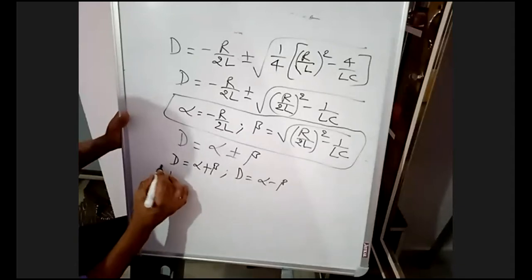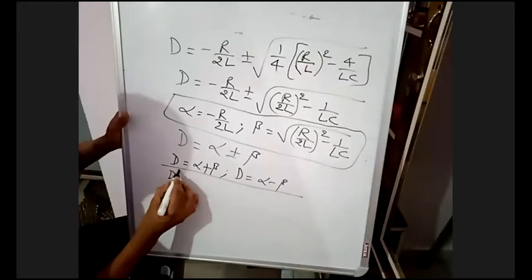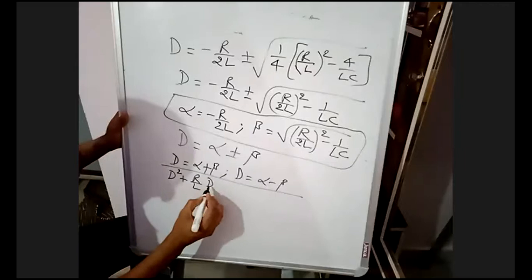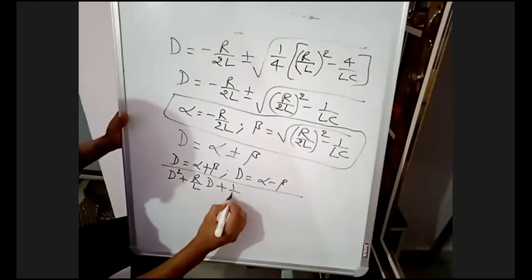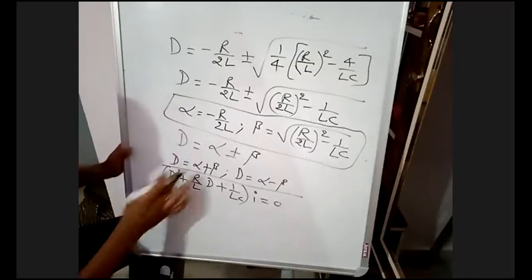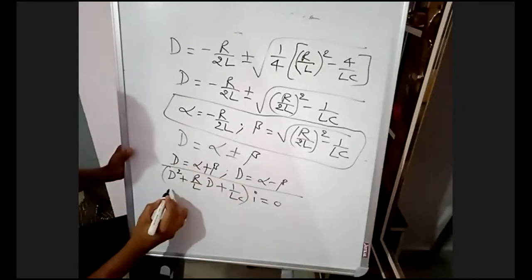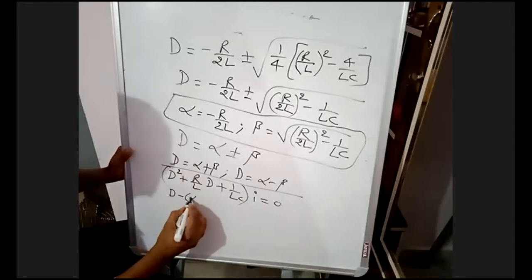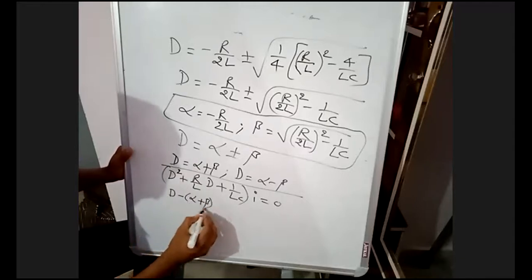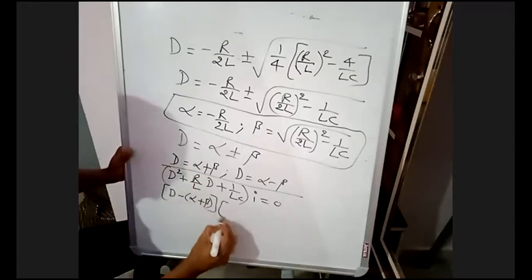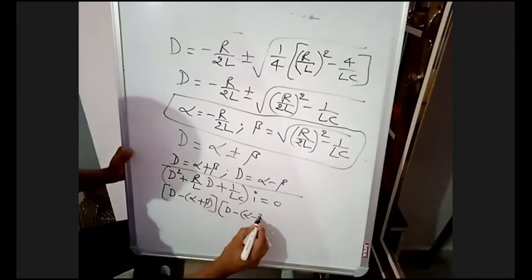So now your equation 1 is D square plus R by L into D plus 1 by LC into i is equal to 0. Now substitute these two roots here. D minus of alpha plus beta, this is the first root. Your second root is D minus of alpha minus beta.